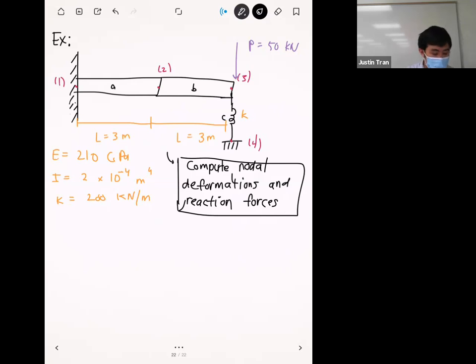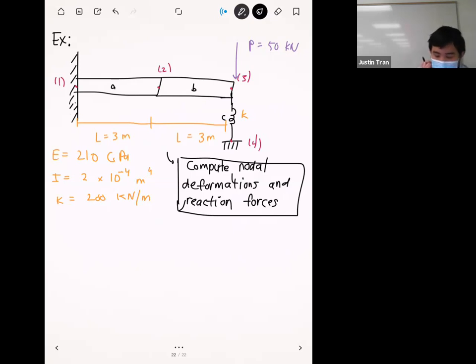All right. Any questions on the setup for the problem? Okay. All right, so let's go ahead and start running through.